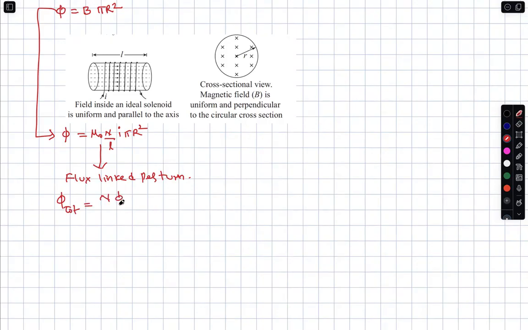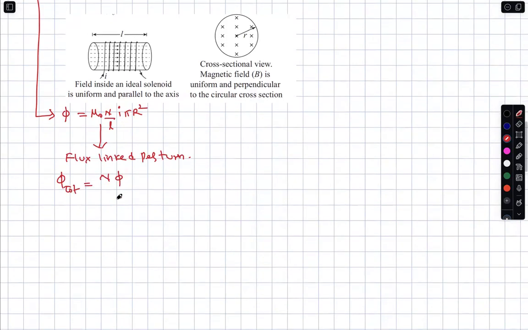N times such a flux, because the lines inside the solenoid all pass through every turn of the solenoid. Every turn of the solenoid will be affected because of the change of this flux, so every turn acts as a source.